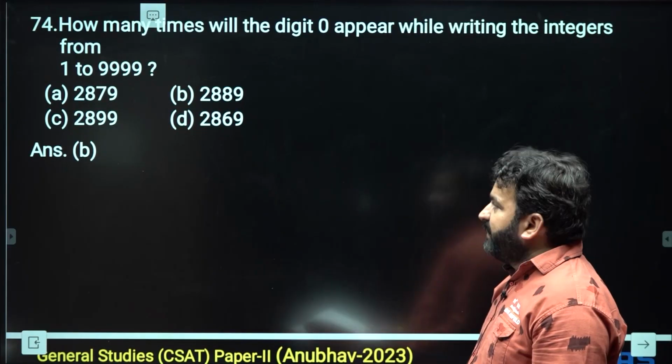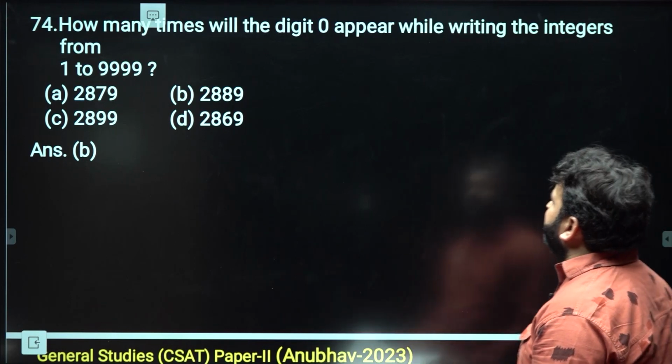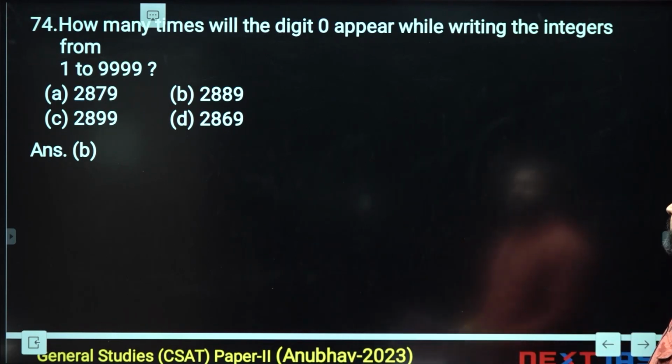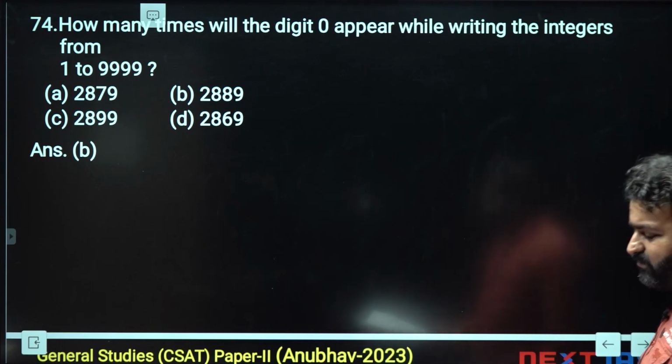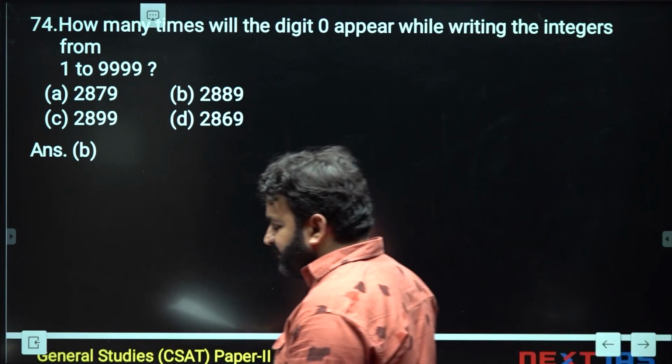Now in this case the question is: how many times will the digit 0 appear while writing integers from 1 to 9999? So here you have to write down the integers from 1 to 9999.